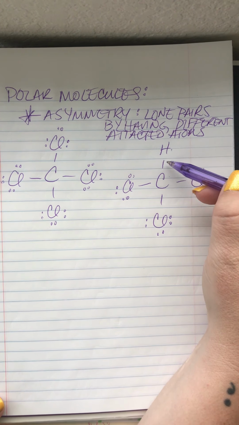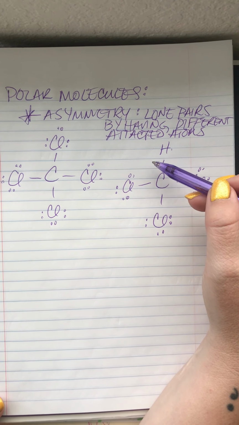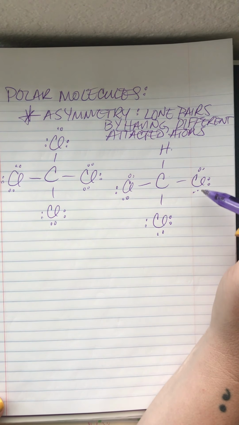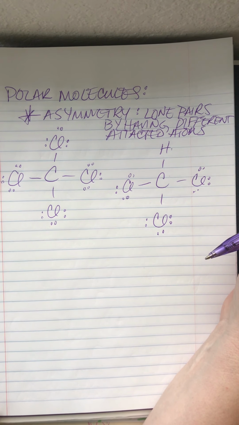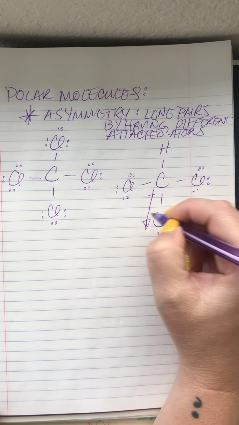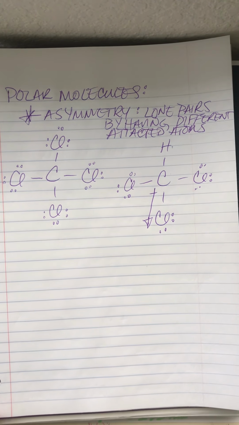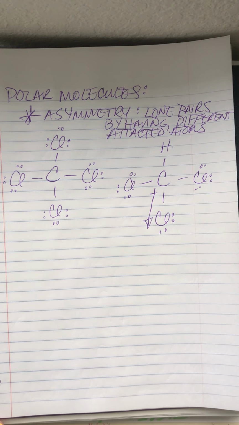But as soon as you replace one of those atoms with a different atom that's nonpolar, now you have a net dipole. What direction does it point? Downward? Down, exactly. So you would have a partial positive around the carbon and a partial negative pointing down. Does that make sense, guys?